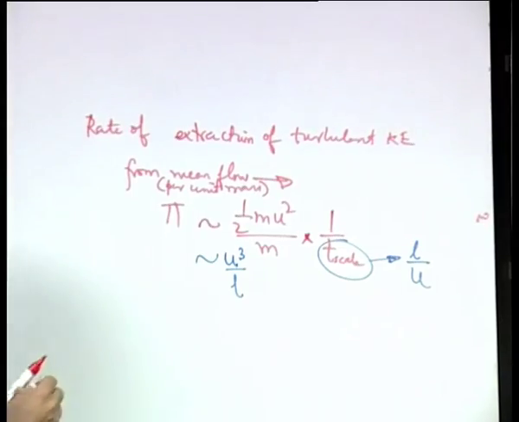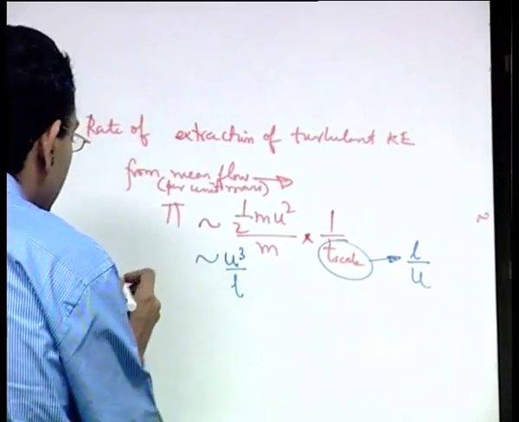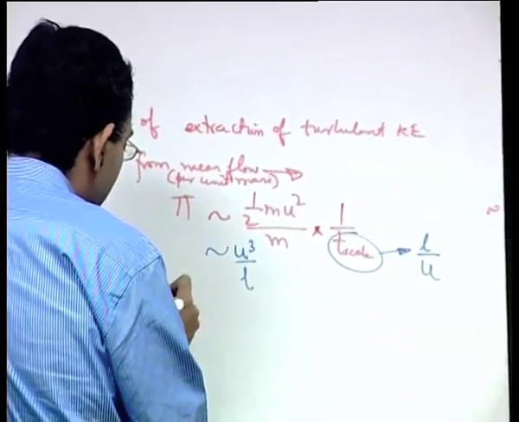What is the rate of dissipation of turbulent kinetic energy? That we call as epsilon.